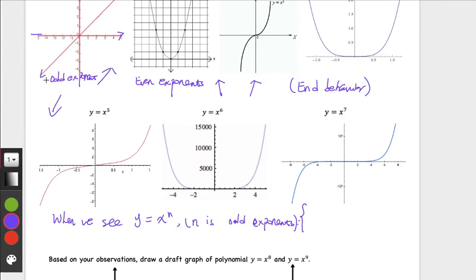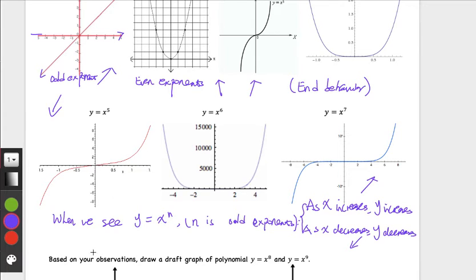So we say as x increases, y increases. This is the right side. And on the left side, as x decreases, y decreases.